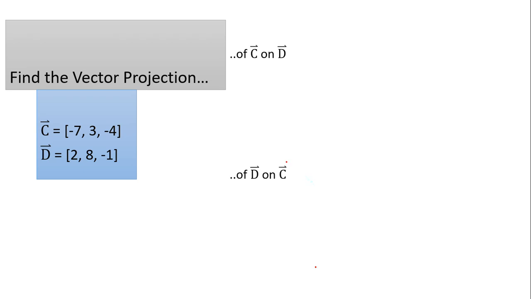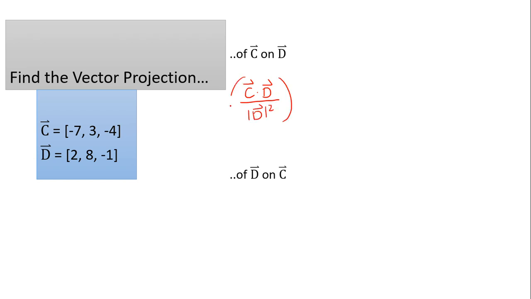So back to vector projection C and D. So let's write down what the formula will be first. And I'm going to cheat this because we've already done some of this math.